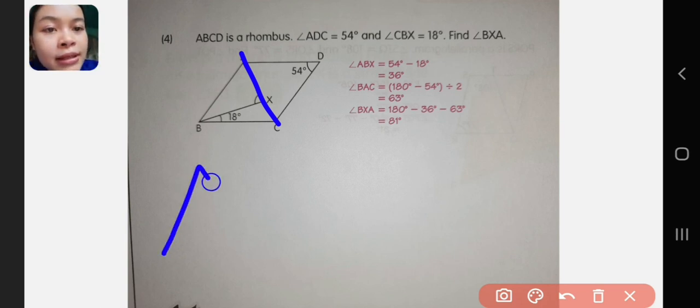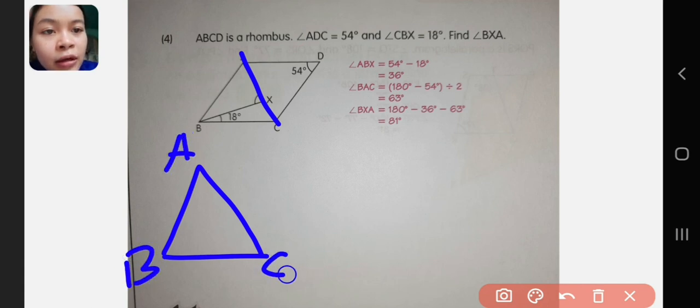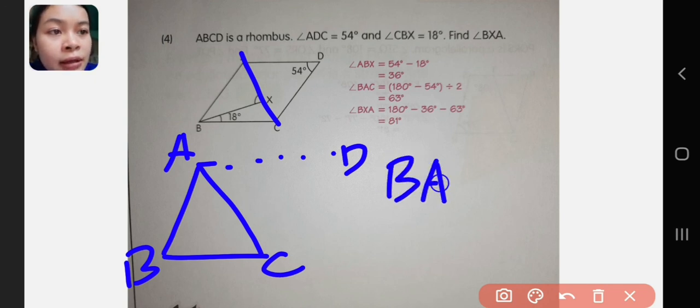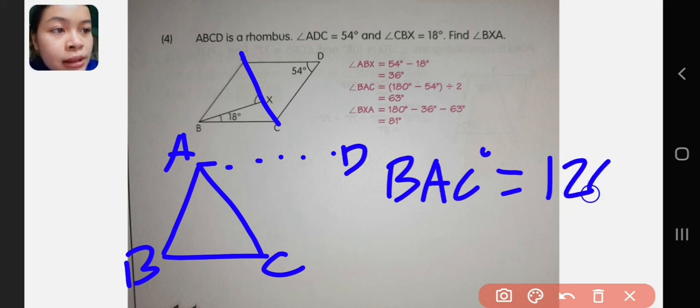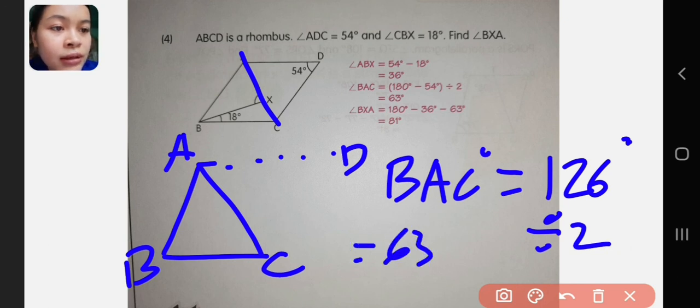How about BAC now? This is BAC, because this is BAD, which is 126. So BAC is half of 126, which is 126 divided by 2 equals 63 degrees.